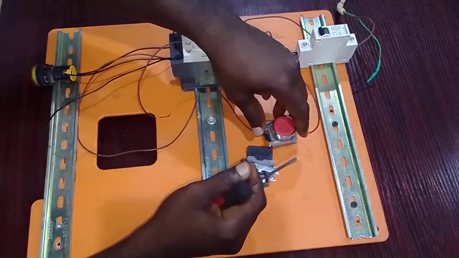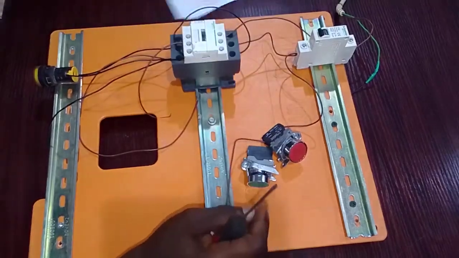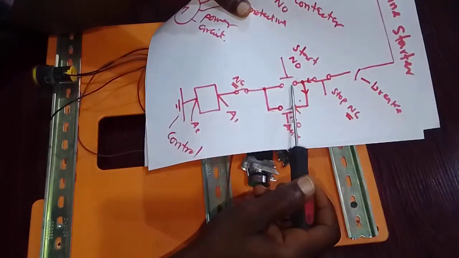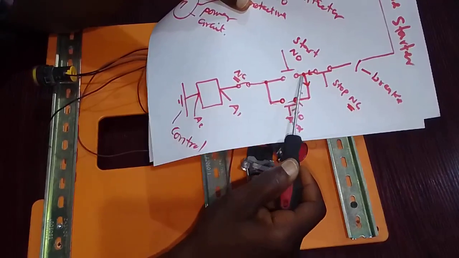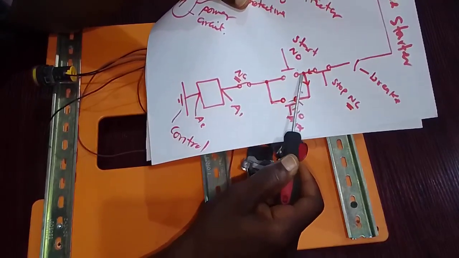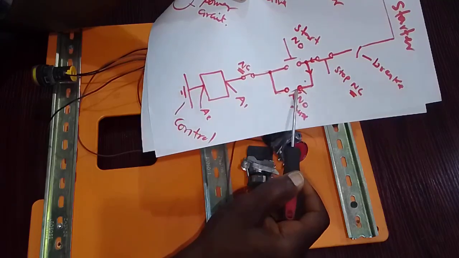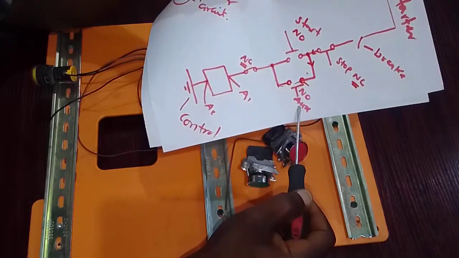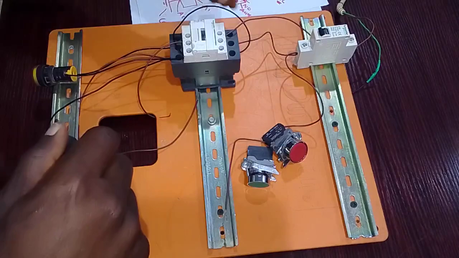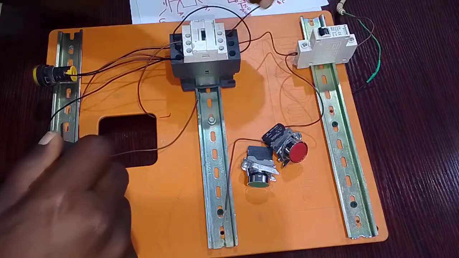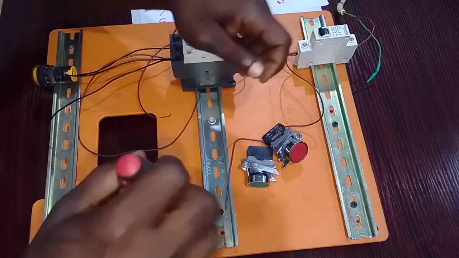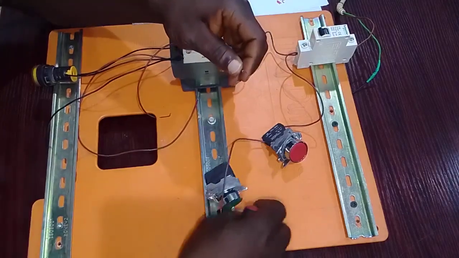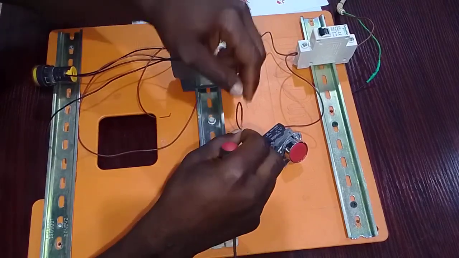After connecting to the stop push button from our diagram, next we are going to connect to the start push button. But at the start push button we have a branch here. One of the branches will go to the normally open of the auxiliary contact. This is the auxiliary contact. One of the branches here is already connected to the normally open.